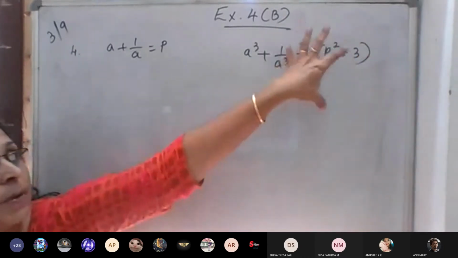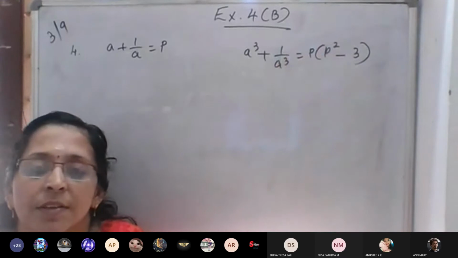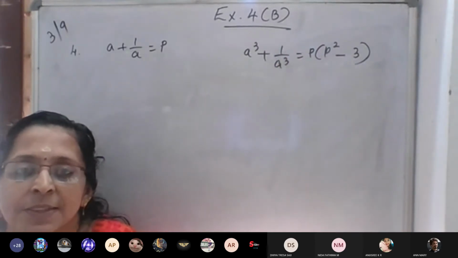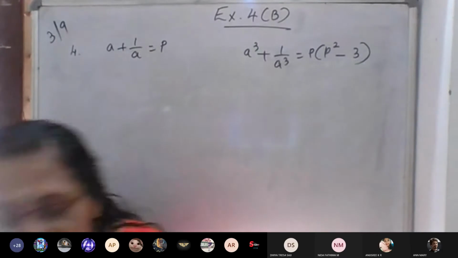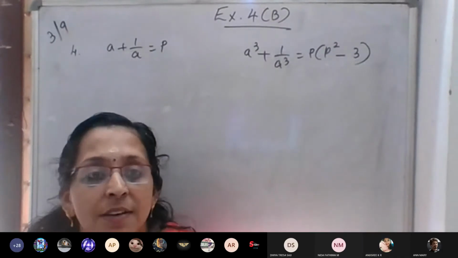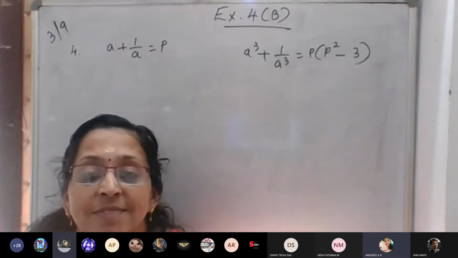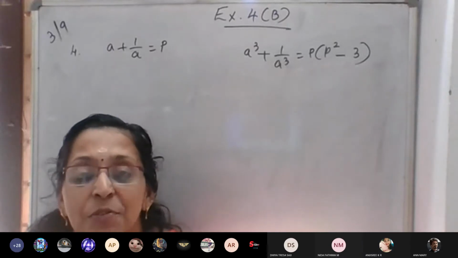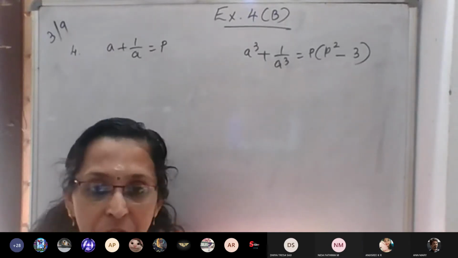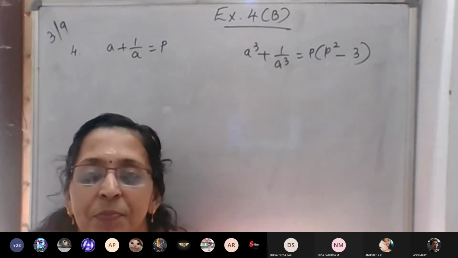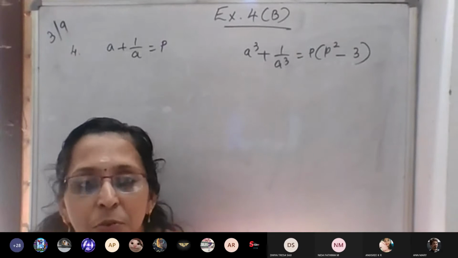We need a cube plus 1 by a cube. Yes, ma'am. What we have to find out? a cube plus 1 by a cube. We have a plus 1 by a. So what we have to do with that?